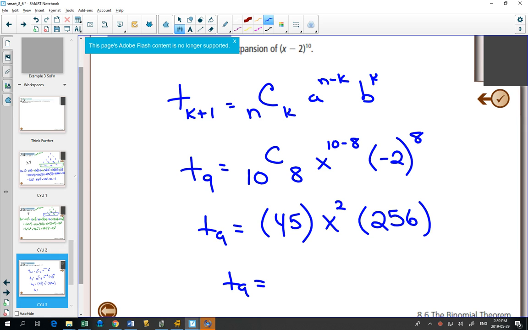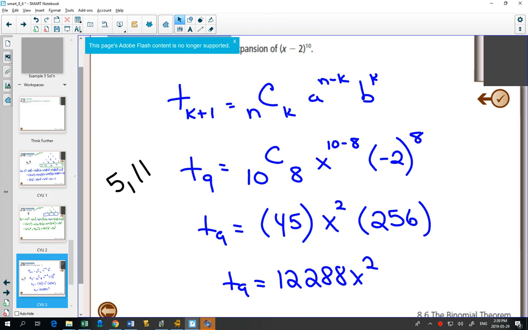Term 9 will equal... Oh, I multiplied by the wrong number. Here we go. 256 times 45, 11,520. Thank you. So term 9 is 11,520 x squared. And so try questions 5 and 11.